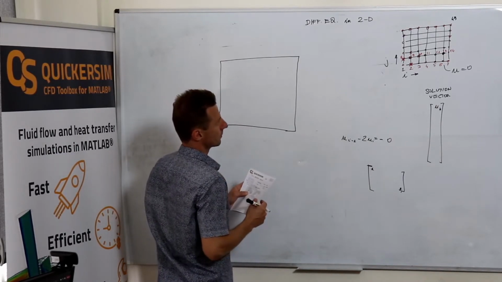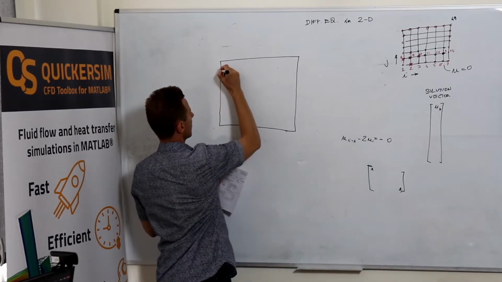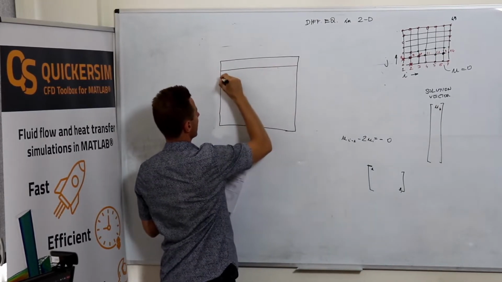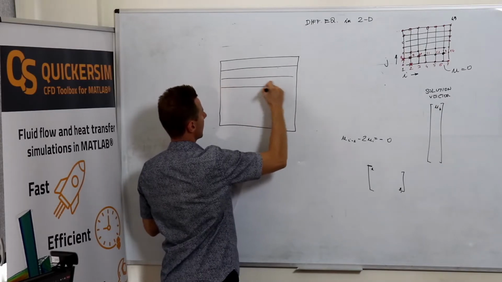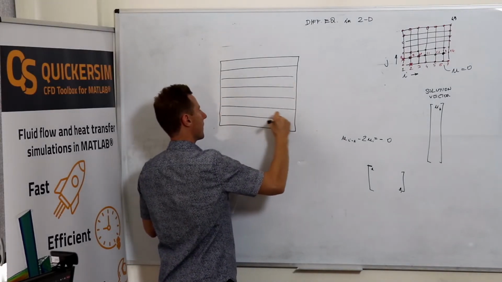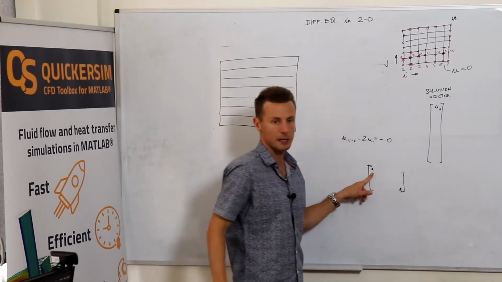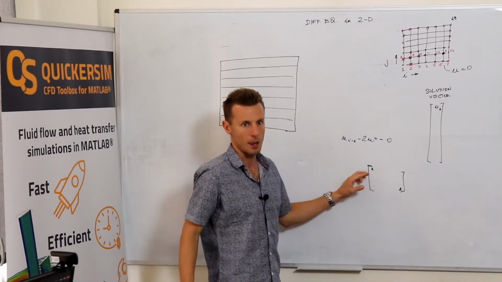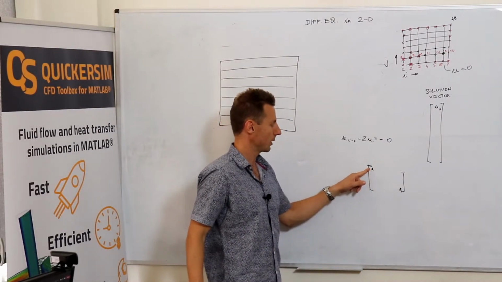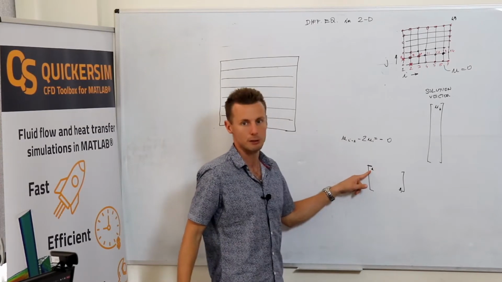So first of all, let's draw 7 blocks. And again, as previously in the 1D case with the boundary condition, we knew that we needed to treat the first node differently.